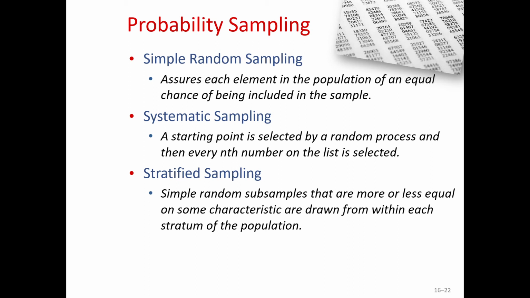Systematic sampling. Suppose the researchers were to take a sample of 1,000 from a list of 200,000 names. With systematic sampling, every 200th name from the list would be drawn. This procedure is simple and straightforward. The starting point is selected by a random process, then every nth number on the list is selected.